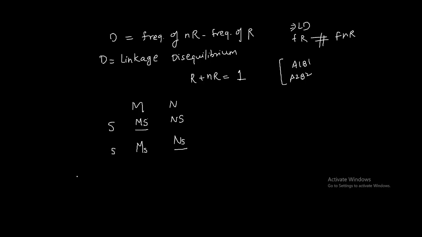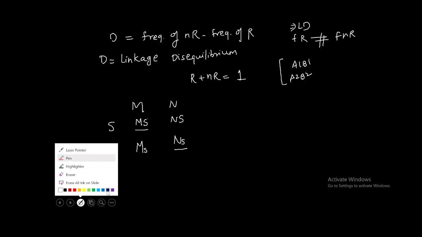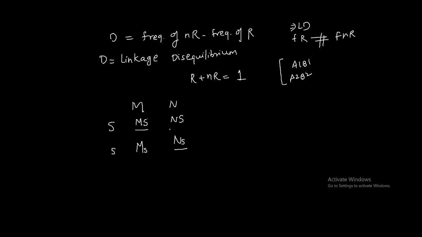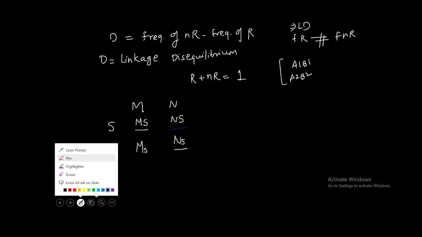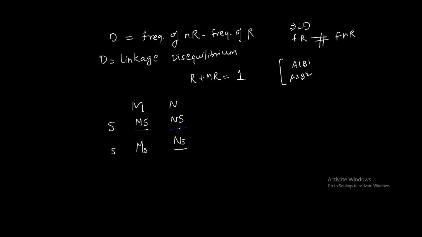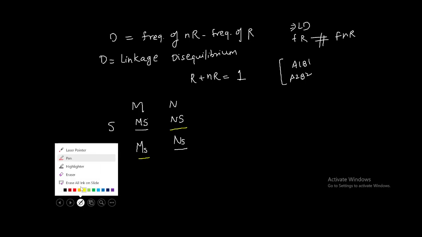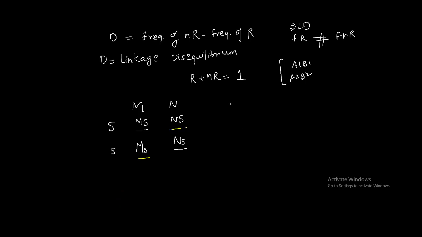And what are the non-parental types? These are the recombinant types. So if we see here, we can say M and S and N and S, these are the non-recombinant type or the parental type.